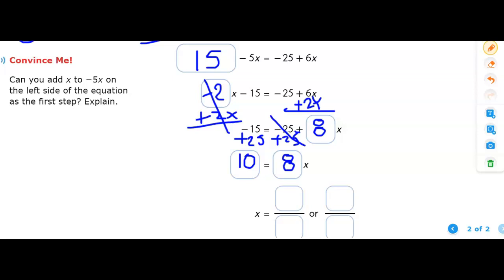So we're going to divide, instead of multiplying, because the inverse operation of multiplication is division. So we're going to divide by 8 on both sides. That will cancel. So we're left with x is equal to 10 over 8.